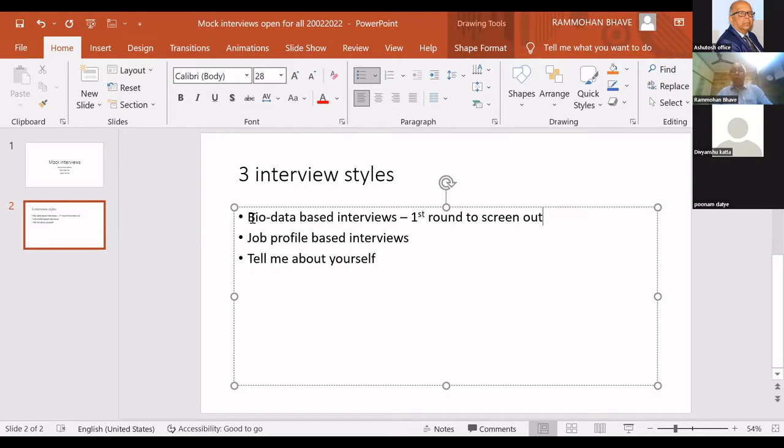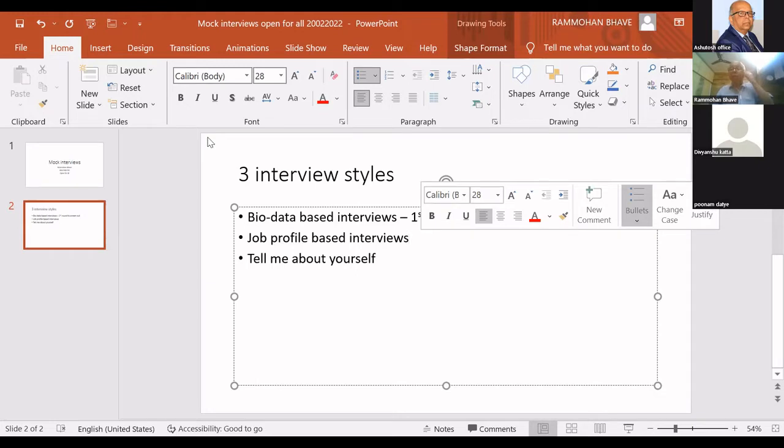Because if I have one position and I want to appoint a CA fresher, and I have planned 100 interviews in the first round to be taken by my junior accounts manager, then he's told that out of 100 you should shortlist 30, and he's given 5 to 10 minutes for each interview. So based on biodata, he keeps on asking quick questions. And if that fellow is HR, then he will try to check communication skills.